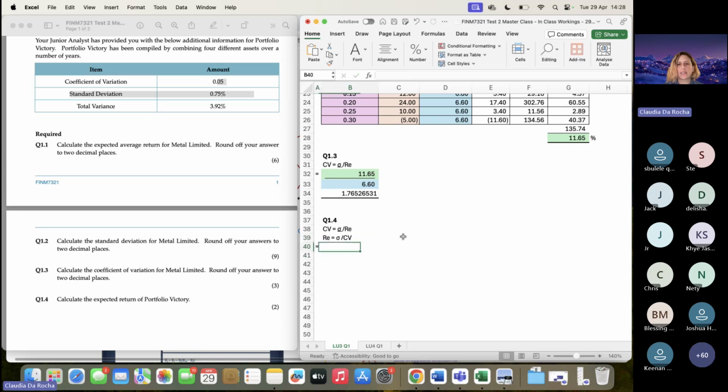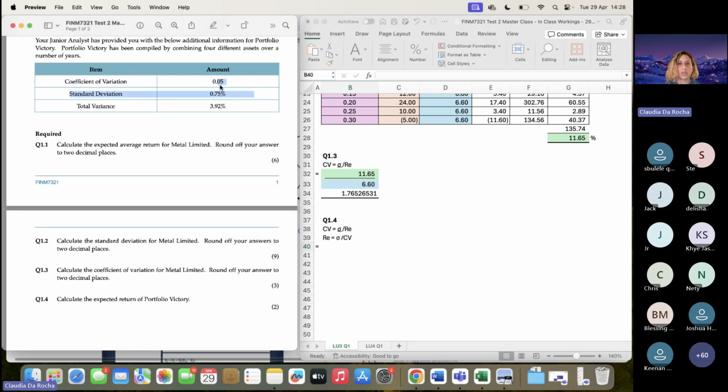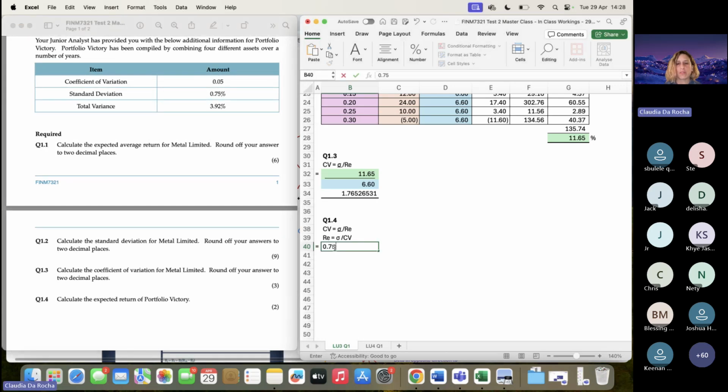So what does it give us? We know for this one, it's a portfolio now that we're dealing with. Our sigma or standard deviation is 0.75, and our coefficient of variation is 0.05.